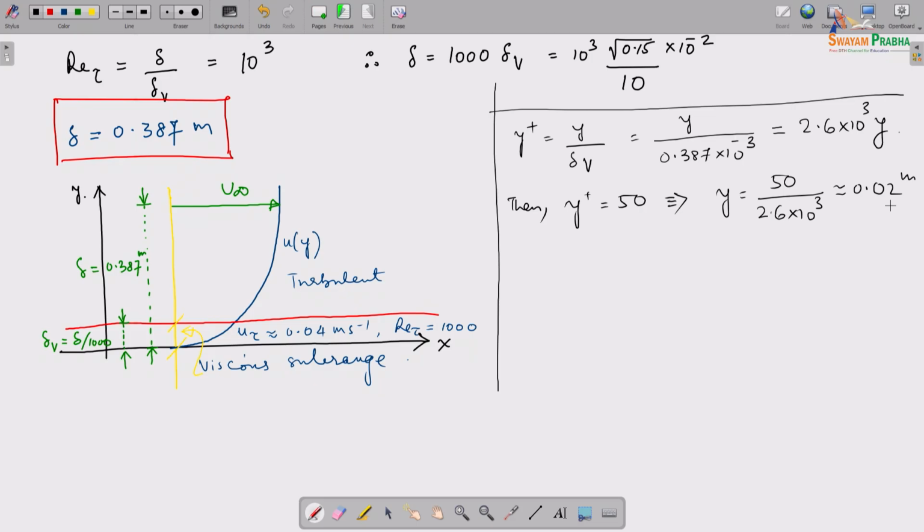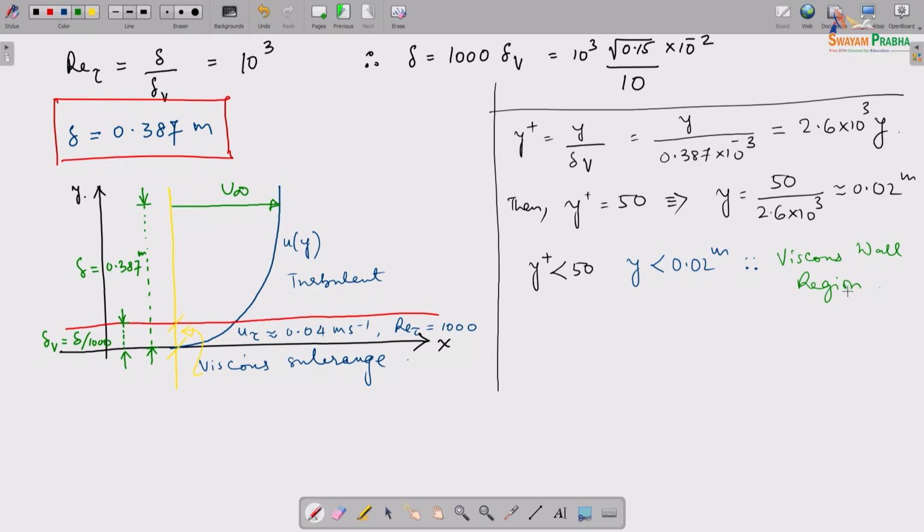So we can define this length scale y plus in such a way. This is for the turbulent boundary layer, for the complete boundary layer. So then we had this definition earlier. If y plus is less than 50, or essentially y is less than 0.02 meters, that means it is the viscous wall region.